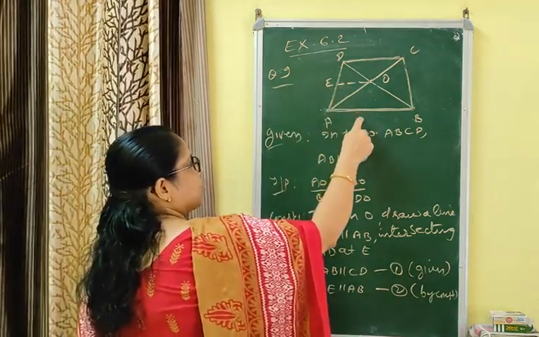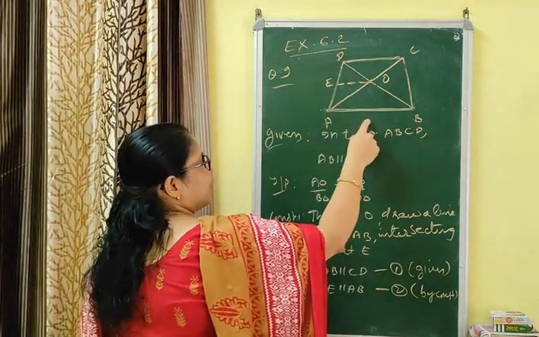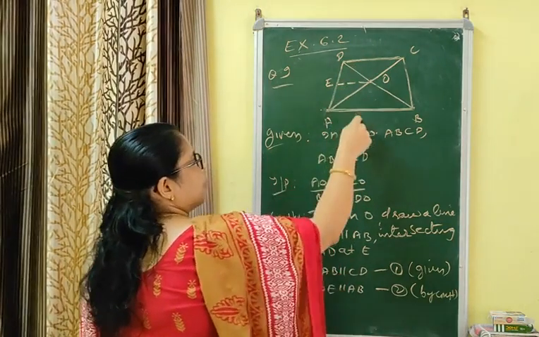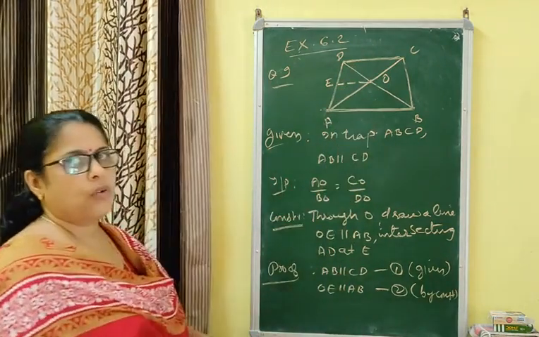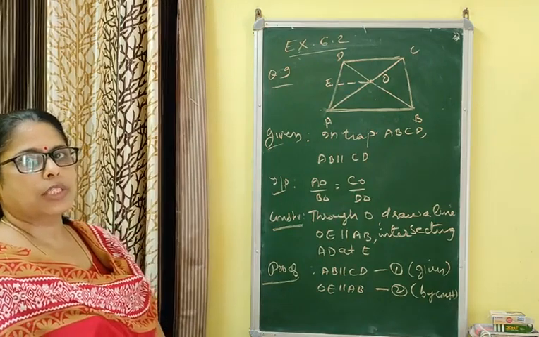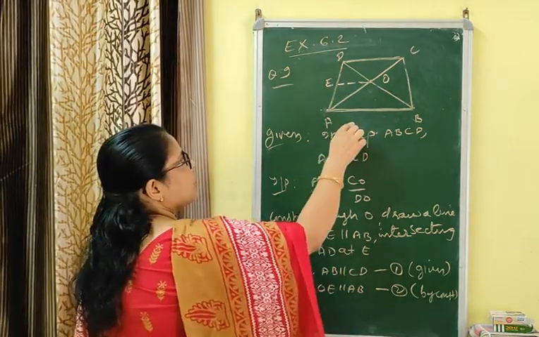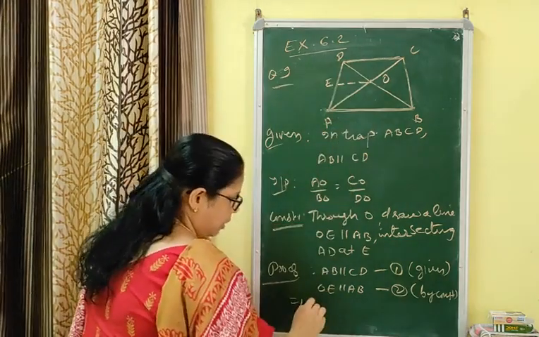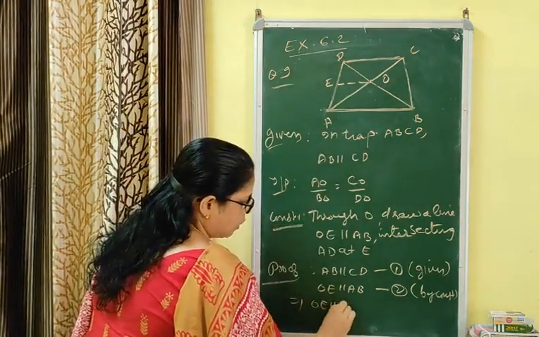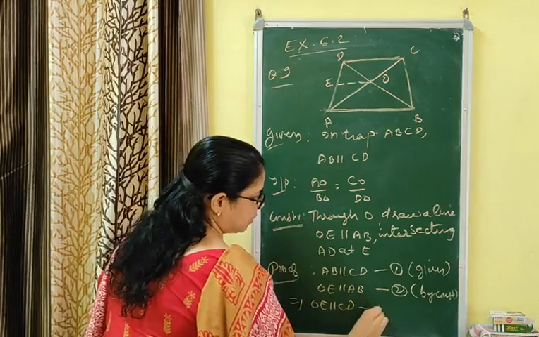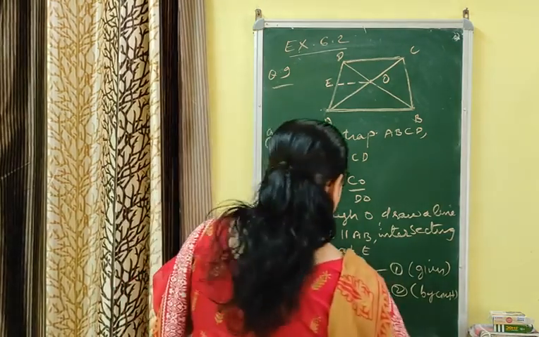OE is parallel to AB है, CD भी parallel to AB है. These two lines are parallel to the same line. You know, in the lower classes, lines parallel to the same line are parallel to each other. That implies OE is parallel to CD. That is equation number 3. This equation we have to use further.